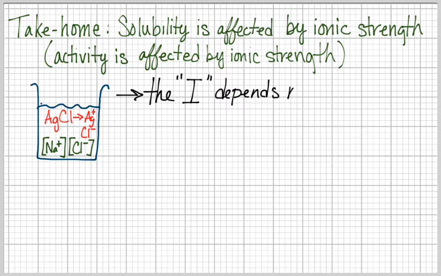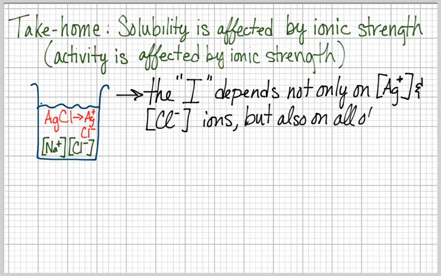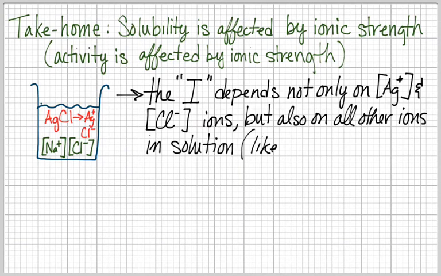Which is to say that for silver chloride, the ionic strength depends not only on the concentration of the silver ions and the chloride ions, but also on whatever else I have in solution. And this is really important in environmental water chemistry and groundwater chemistry, as well as in electrochemistry for batteries and fuel cells and the like.